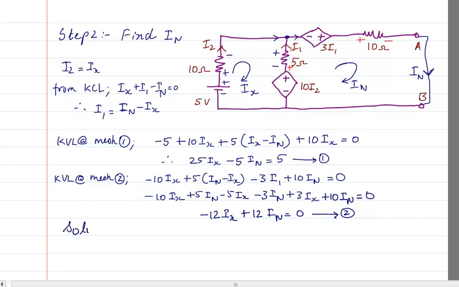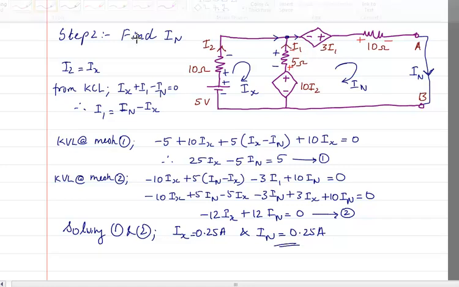Solving 1 and 2, I will get the value of Ix to be 0.25 amperes and In also to be 0.25 amperes. So we have found out In. That was our aim, correct? We wanted to find In as our step 2.